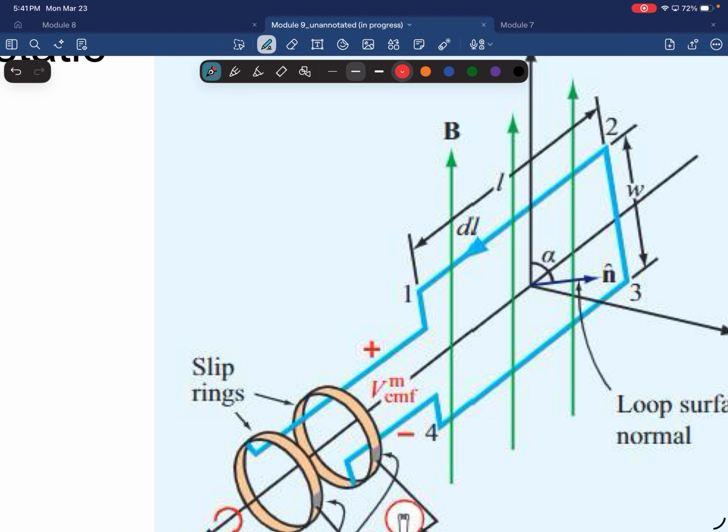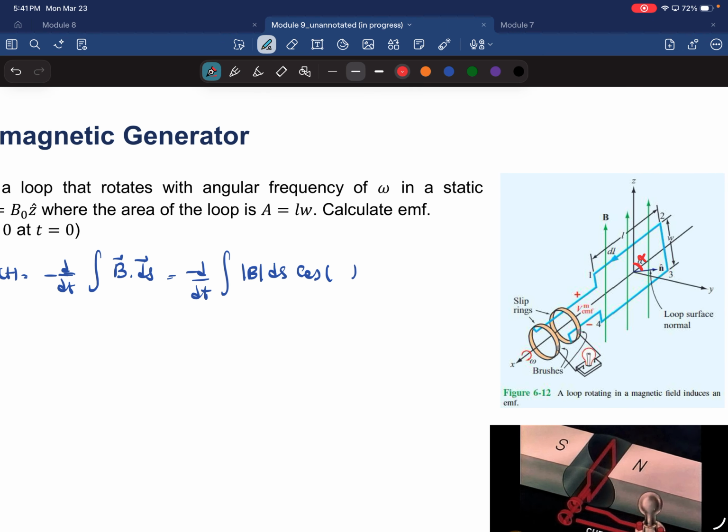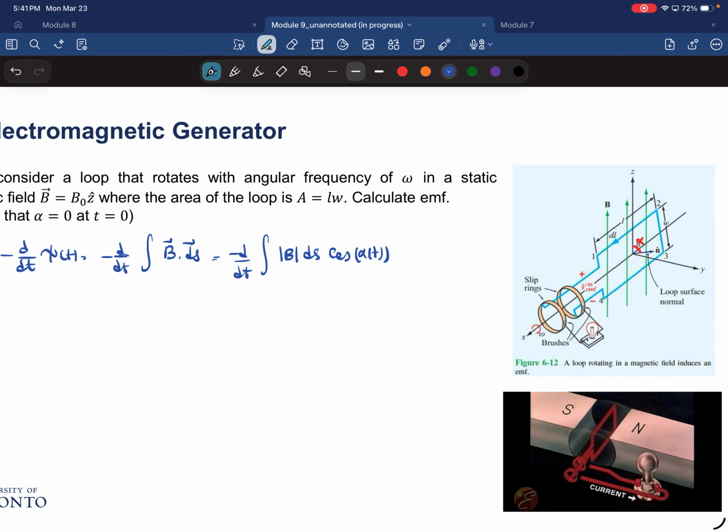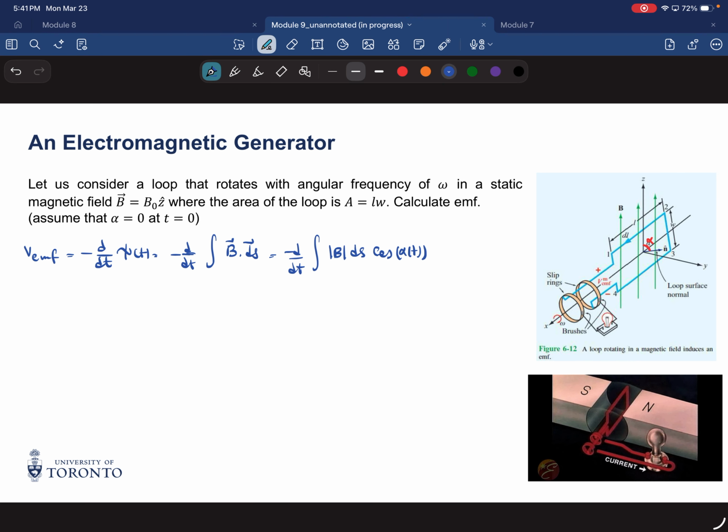Here, you can see that we call this angle alpha. So this is going to be cosine alpha, where alpha is actually a function of t. As it's rotating, the angle between the normal vector and B is changing.